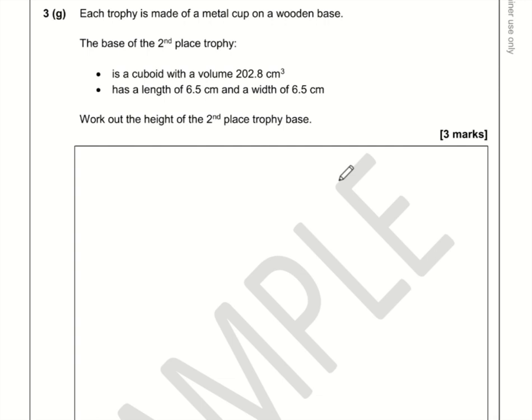Okay, so here we know that the volume is 202.8. Now to work out the volume, it's a cuboid. The volume of a cuboid is the length times the width times the height. Now we know that the length is 6.5 and the width is 6.5.